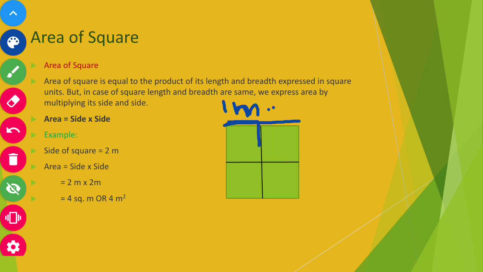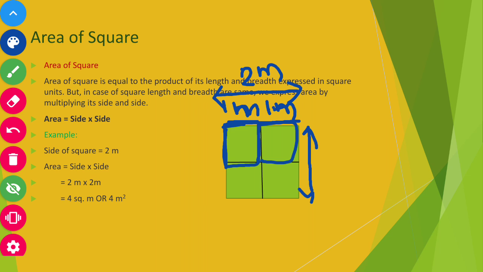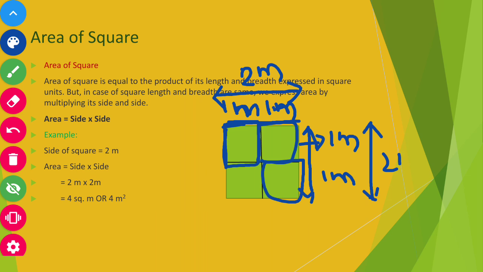So I can place 2 squares in one row and in one column. So 1 meter length and 1 meter length, totally the length will be 2 meters. Even in the breadth, this length is 1 meter and this length is 1 meter. Totally it will become 2 meters.